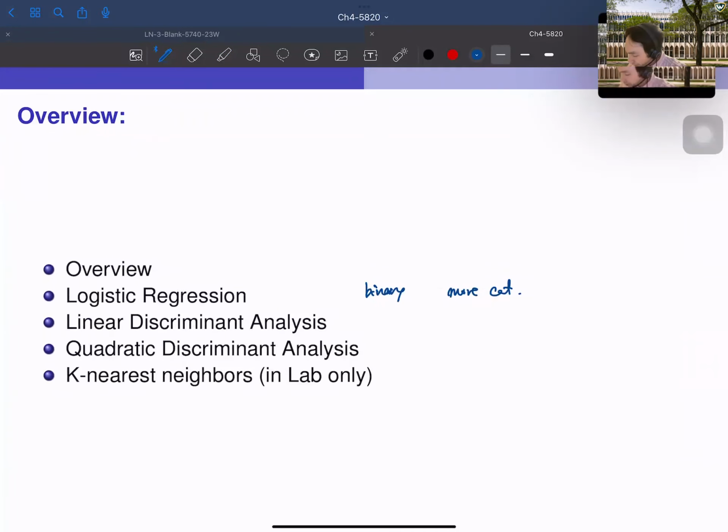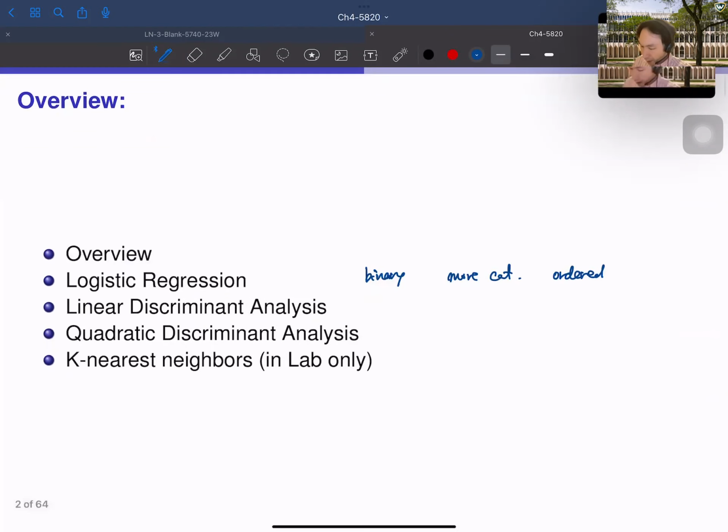For example, how to explain ordered variables such as a rating of 5 levels. Next we discuss linear discriminant analysis. With linear discriminant analysis, basically we can do multi-category classification.